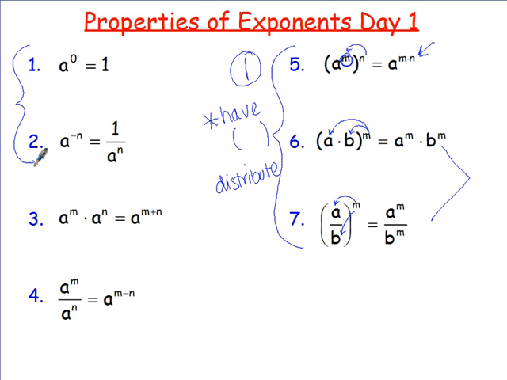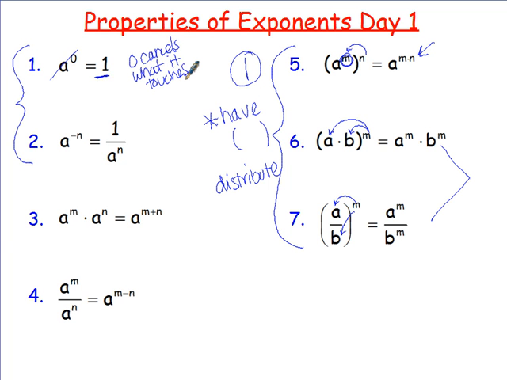Okay, the first oddball says if you have a 0 exponent, the whole thing goes away and you get a 1 instead. Okay, so basically the 0 cancels what it touches. That one is probably the rarest of the rules that we use. We don't use it all that often.